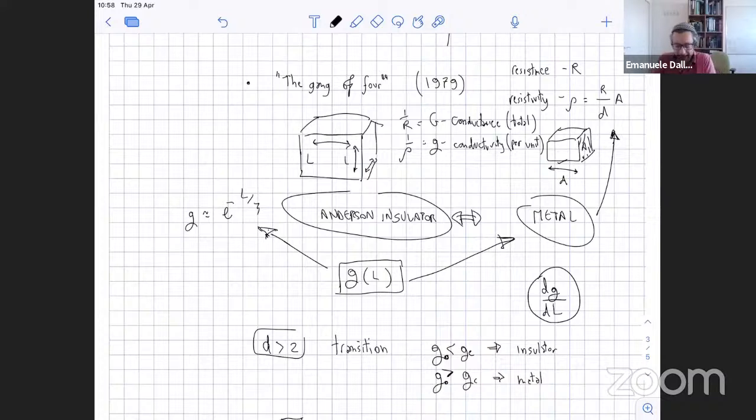I don't want to spoil the homework, but that's the idea. So the transition is really this. You look at these derivatives as a function of L, and you see that in one case you cross 0, and in the other case it's always negative. So in low dimensions it's always negative: when you increase L, G goes down.